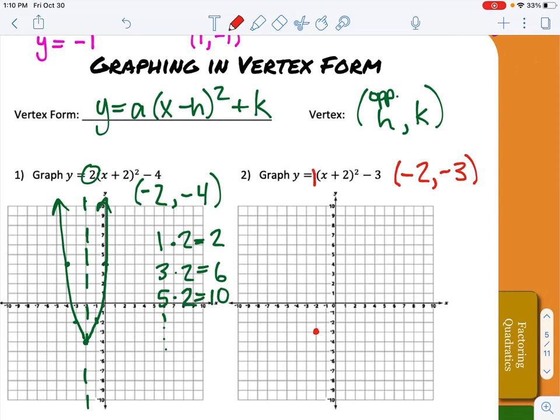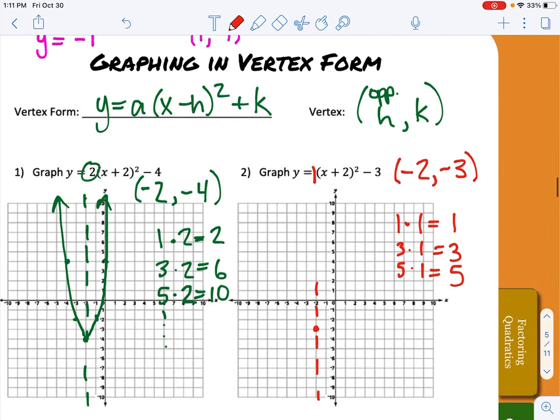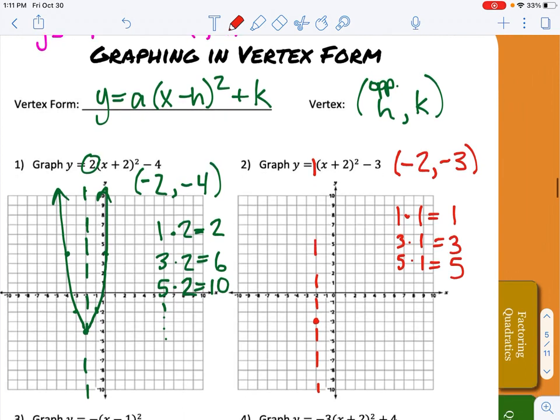Then I know my a value is actually 1, because it doesn't show up there, so I take 1 times 1, 3 times 1, and 5 times 1 to know where to graph next. So from here, I go over 1, and then up 1.